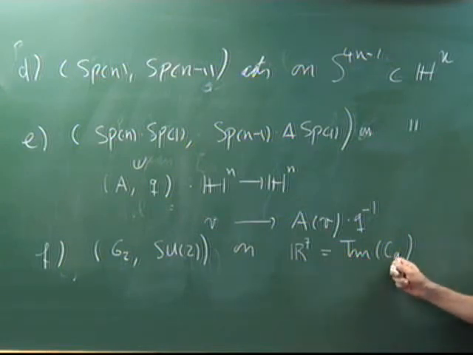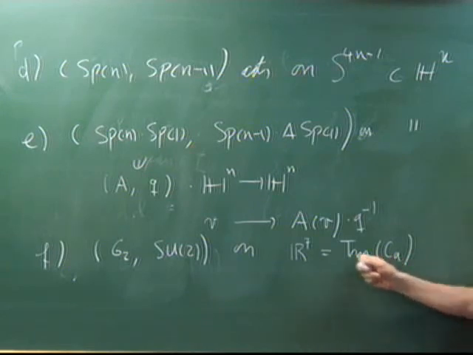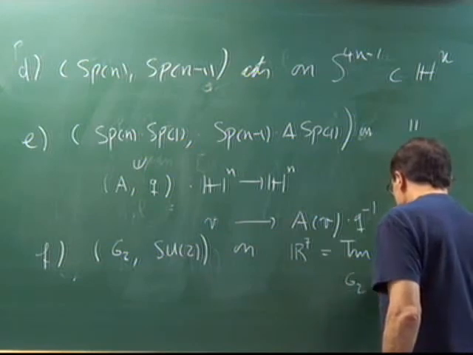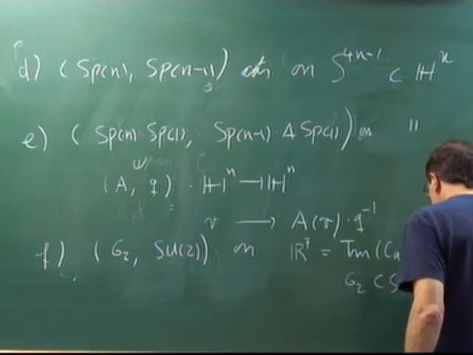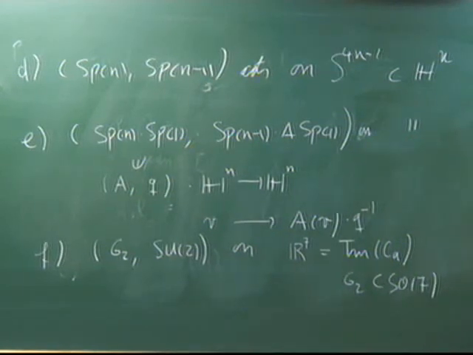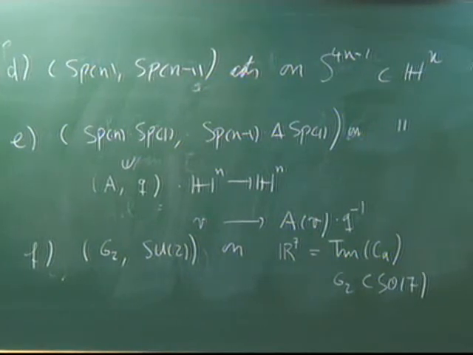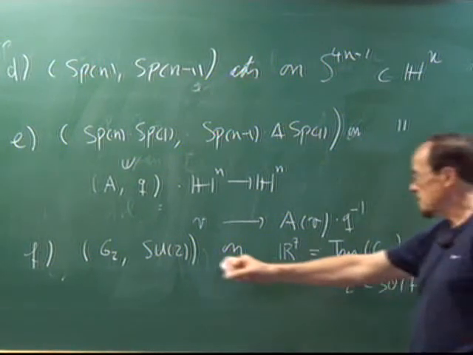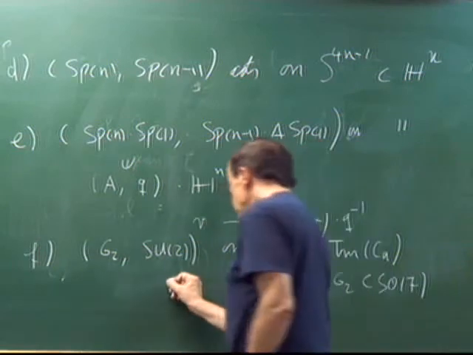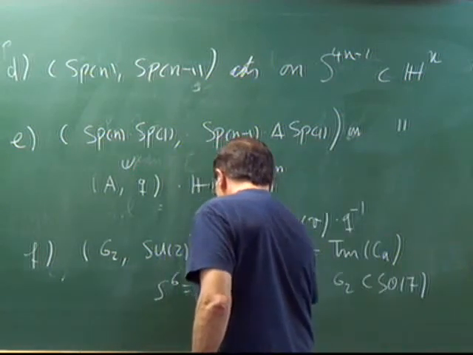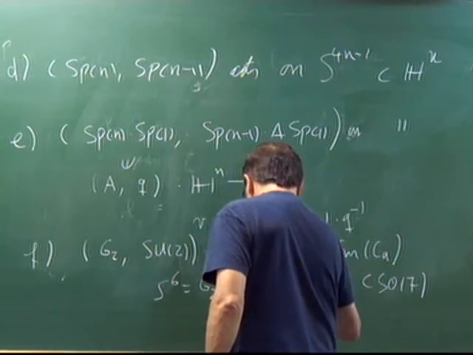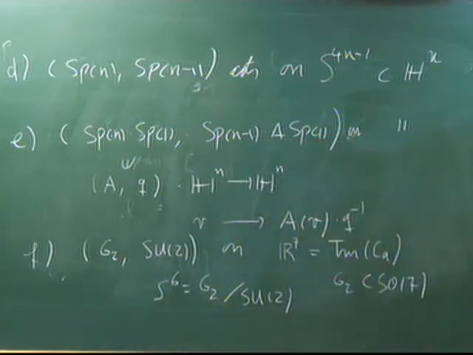They preserve the imaginary part. They were orthogonal, so they lie in SO(7). So here I regard G2 as lying in SO(7). And that acts transitively on the unit imaginary Cayley numbers. That's something you proved at one point. And the stabilizer was SU(2). So here I can say, well, S^6 I can write as G2 mod SU(2). It's a very funny way of writing down the sixth sphere as a homogeneous space.